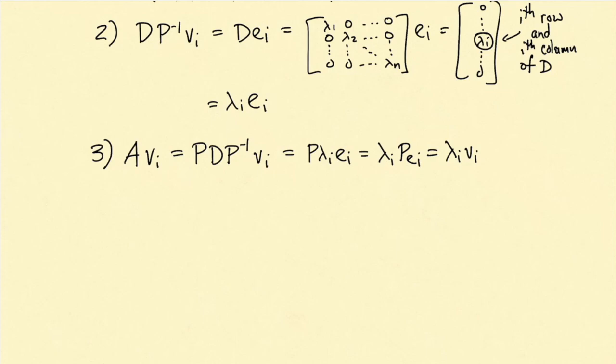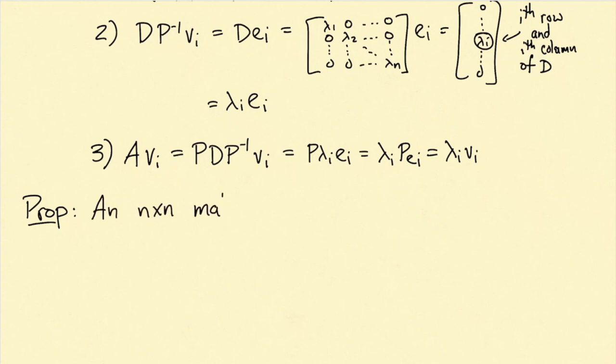So we've now shown that if our matrix is diagonalizable, then R^n has a basis consisting entirely of eigenvectors for our matrix A. This establishes the following characterization.